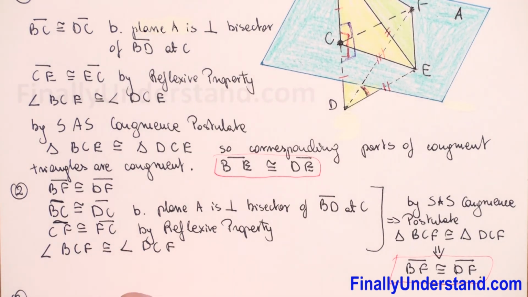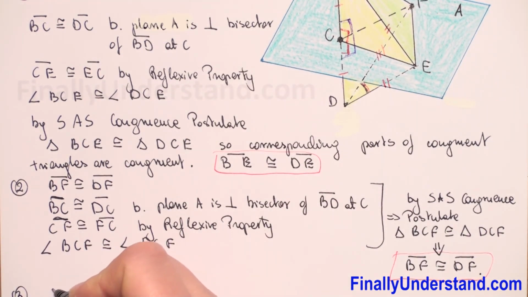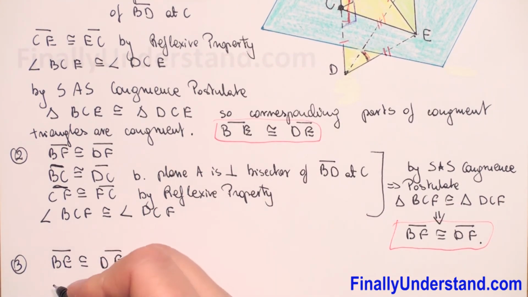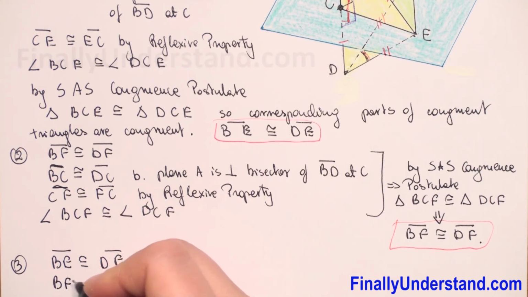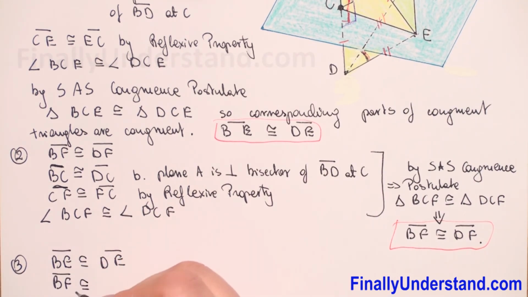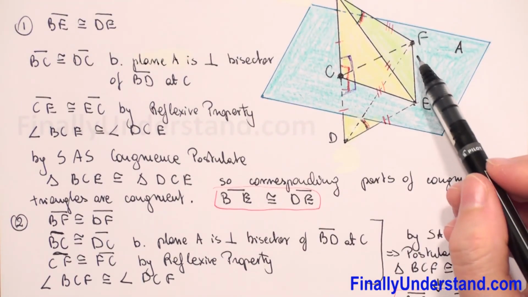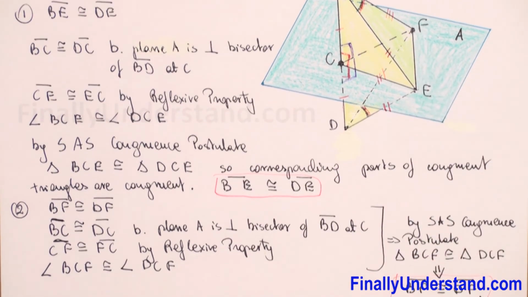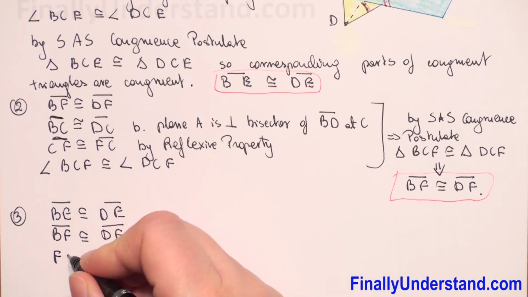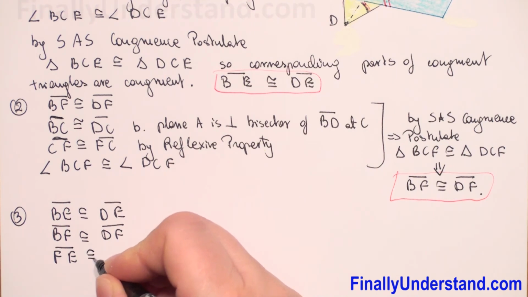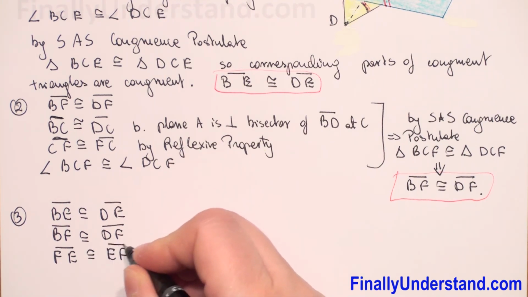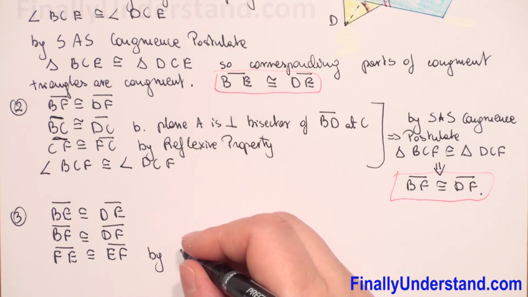For the third question, BE segment is congruent to DE, we already showed this. And BF segment is congruent to DF. What else? FE segment is congruent to EF segment by reflexive property.